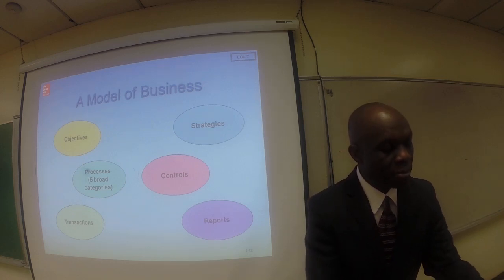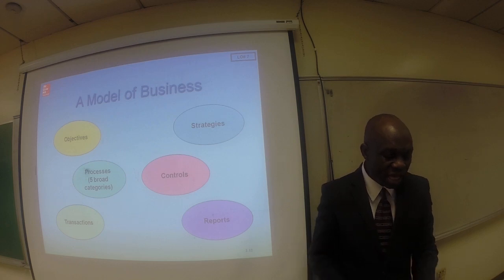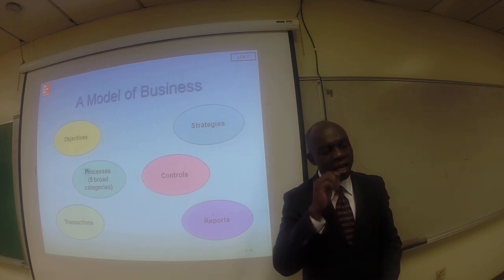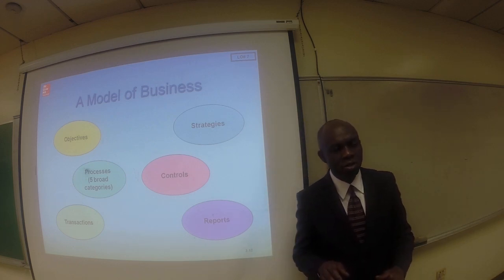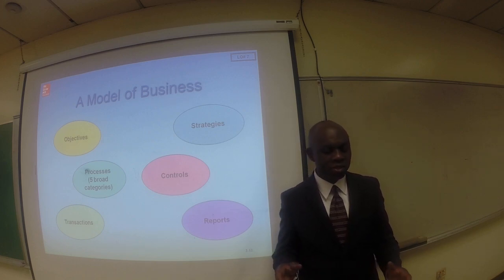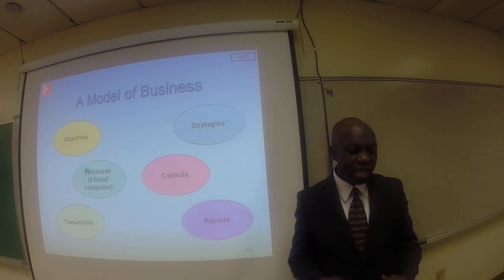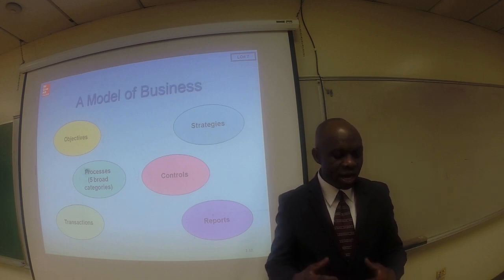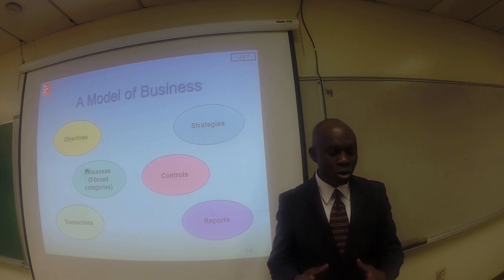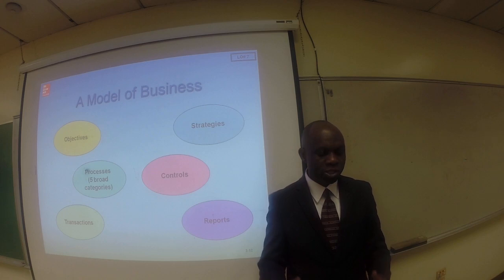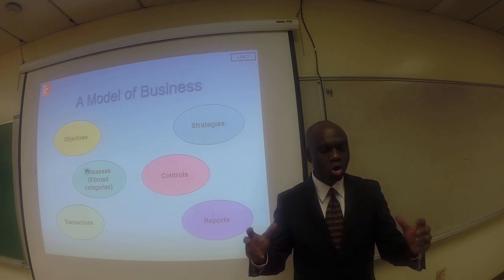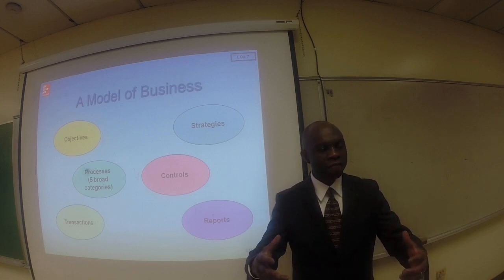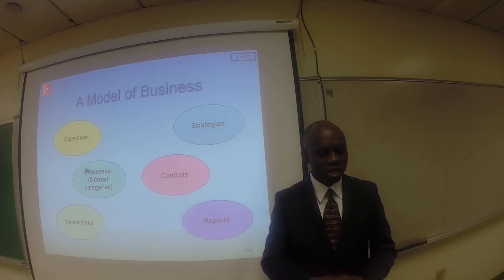Now, what does that mean? Let's take a look at each component of this model of business. Objectives. What are objectives? We said that with the directives of the board, management is responsible for setting up broad, long-range goals in order for the company to create value for their stakeholders.